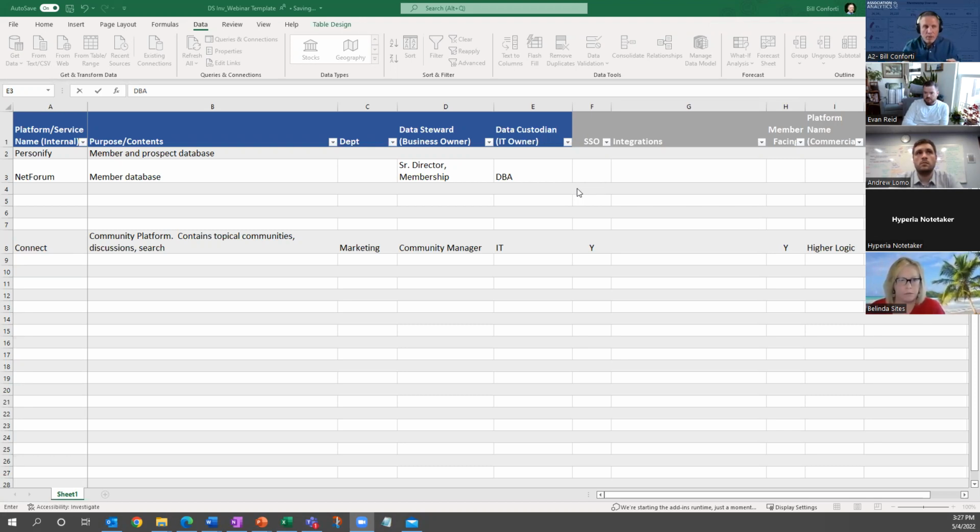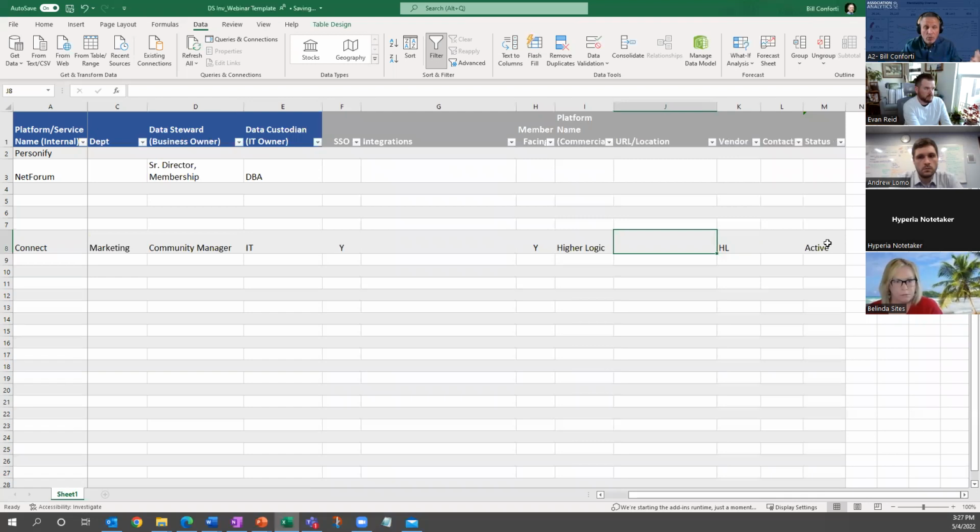Maybe I want to know if they're member facing. I'd want to know the actual name of the platform. We might call it Connect, but the actual name is Higher Logic, or TradeWing, or some community that you use. You should probably know its location within your systems, and that's typically just a URL.